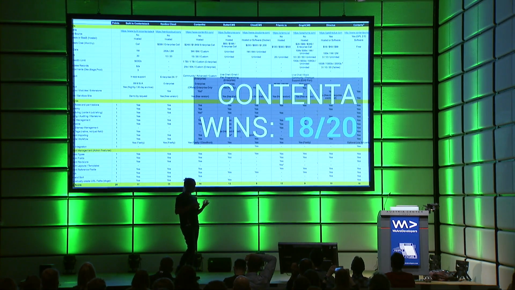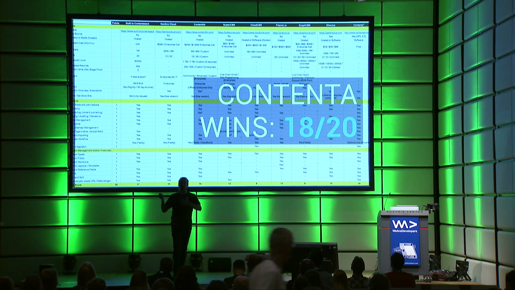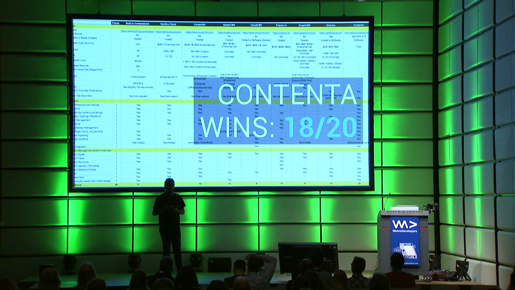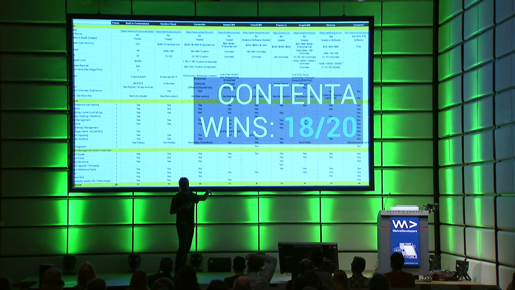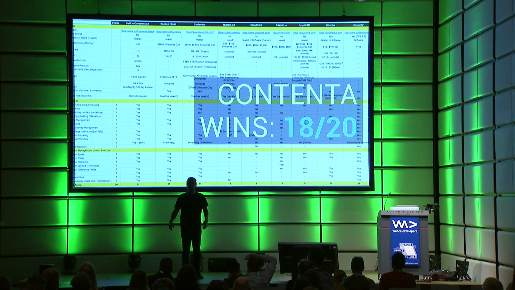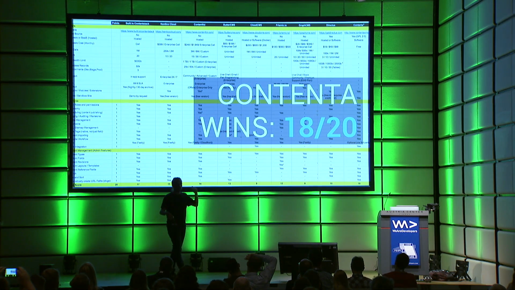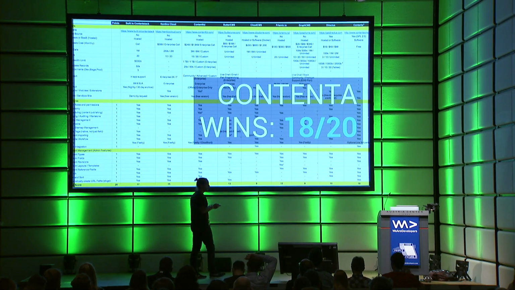But that kind of highlights that people are wanting to know how to choose, because there are like too many actors in there. And you can see, in columns, there are different CMSs, and in the rows, there are the different things that these people thought that we should be comparing.